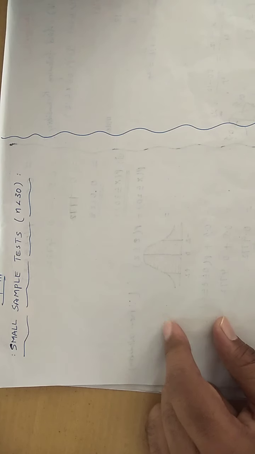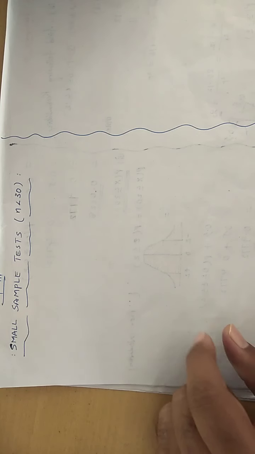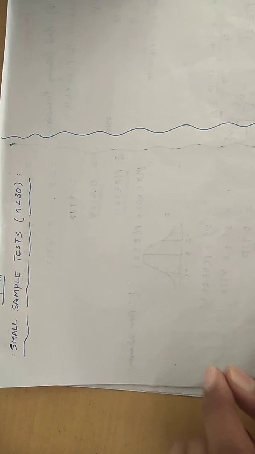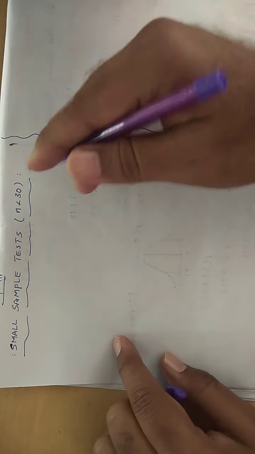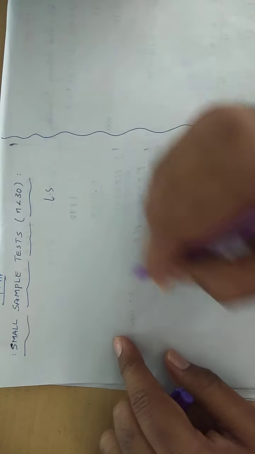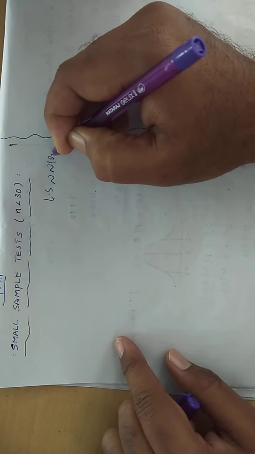Now, if you compare the small sample test with the large sample test, the important observation is that in the large sample test we assume that the large samples follow normal distribution.